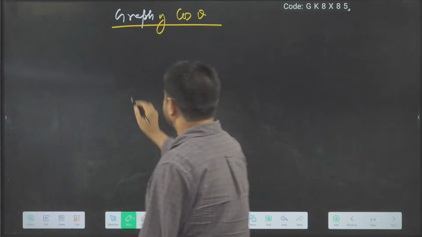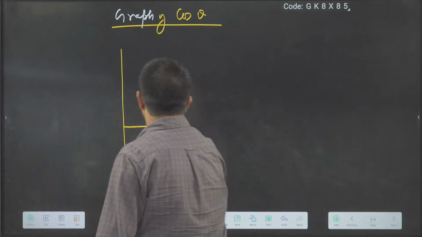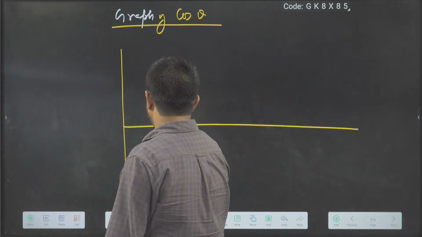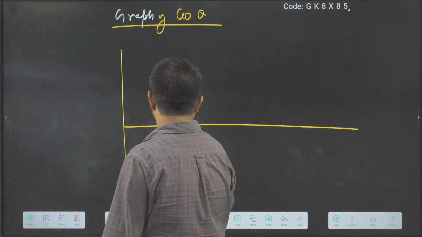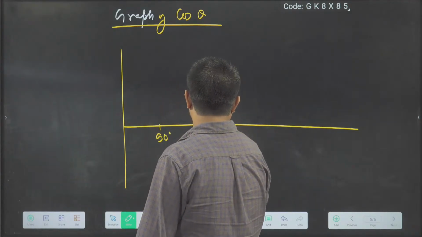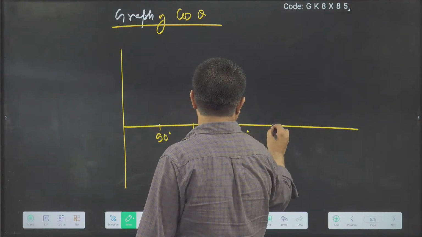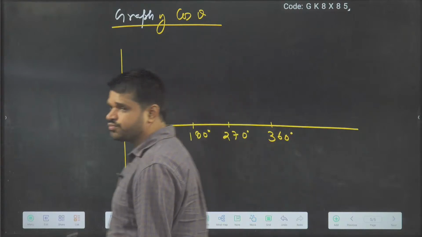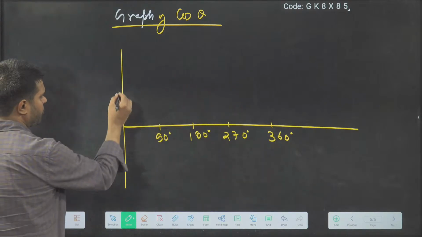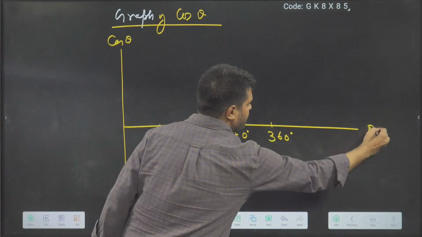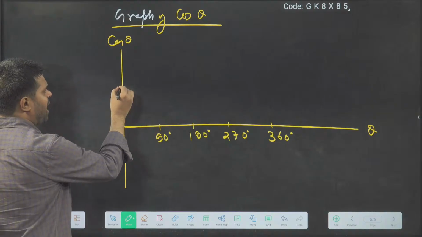Okay, 90°, 180°, 270°, 360°. Remember, here is cos theta, here is theta. Graph starts from here.